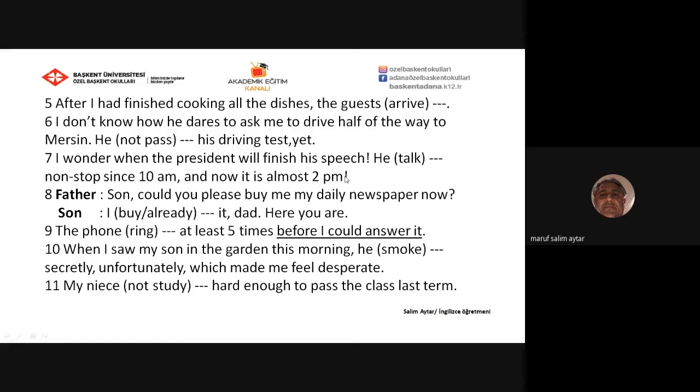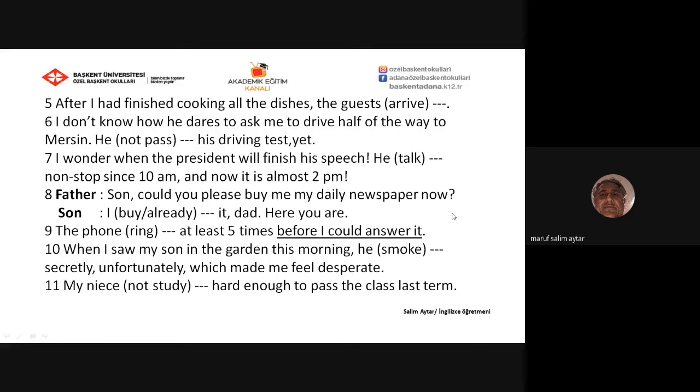Which tense is it? Got the point? Number 8. The father makes a request when talking to his son: Son, could you please buy me my daily newspaper now? And the son says, surprising his father, I blah, blah, blah, blah, eat that.